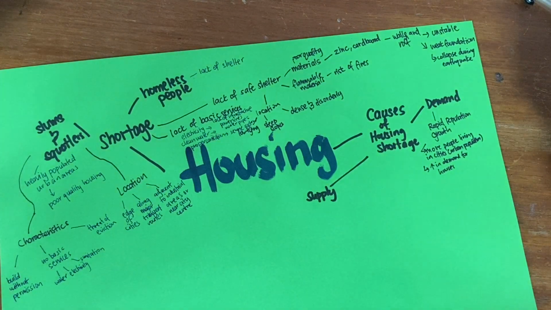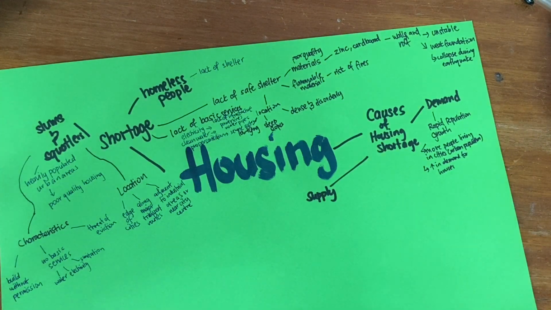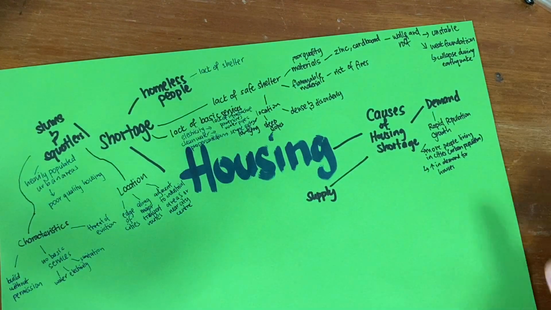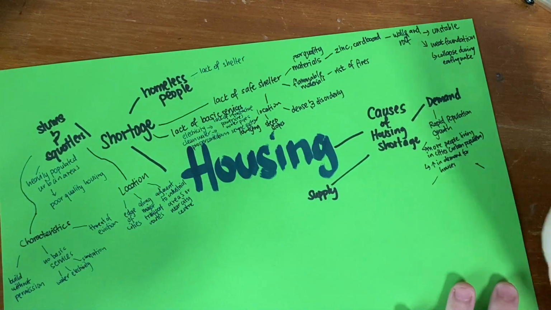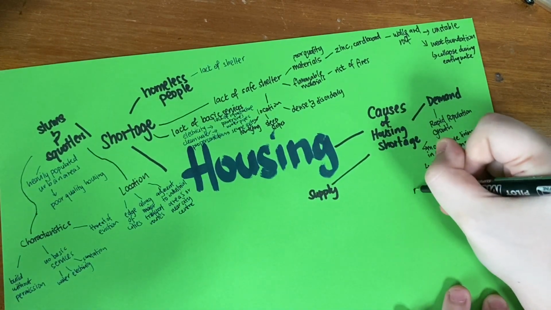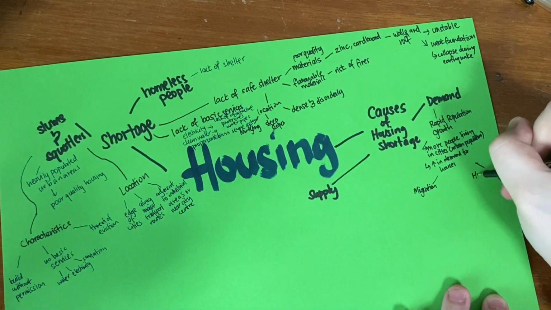I would like to see the other one. Actually, the next 2 points are linked to rapid population growth. So everything stems from rapid population growth, but you can further break it down into 2 parts. So there is migration and there are high birth rates.